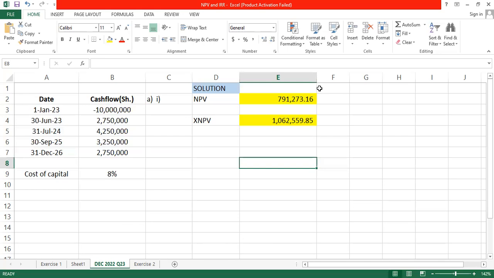Remember that apart from computing NPV and XNPV, the question required that we state whether the project is viable or not. In this case, NPV is positive.